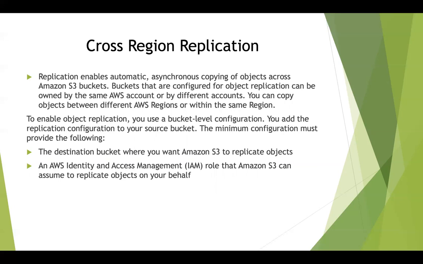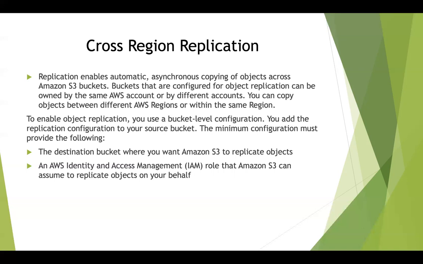You add the replication configuration to your source bucket. The minimum configuration must provide the following: the destination bucket where you want to replicate your objects, and an IAM role to do that on your behalf. Because generally when we spoke about roles in IAM, we specified that if one service wants to talk to another service and do those actions on your behalf, we would need an IAM role.